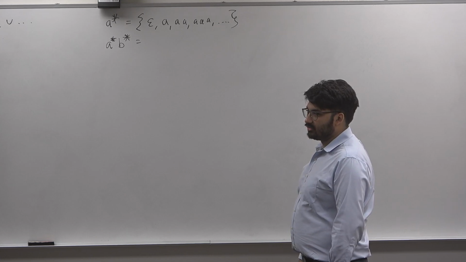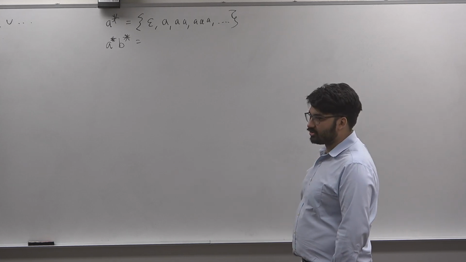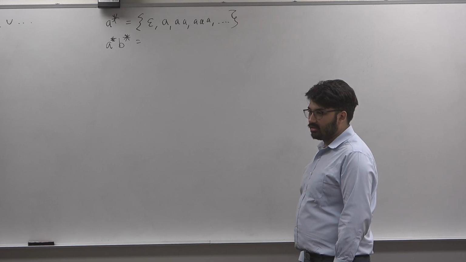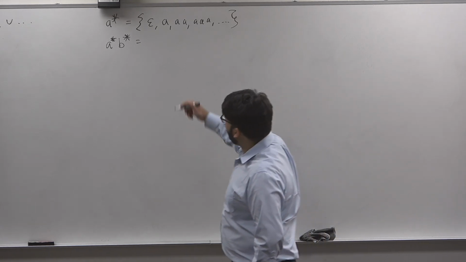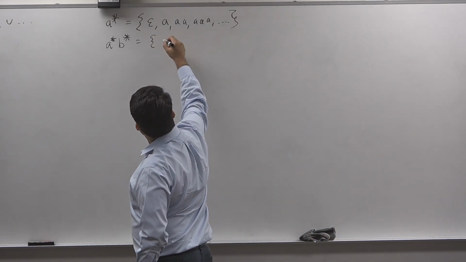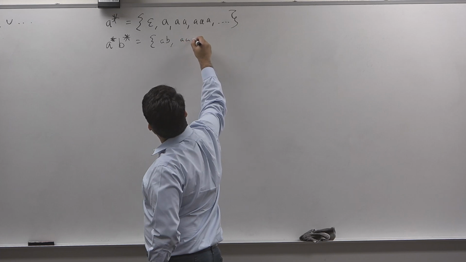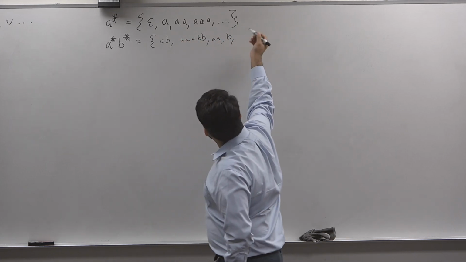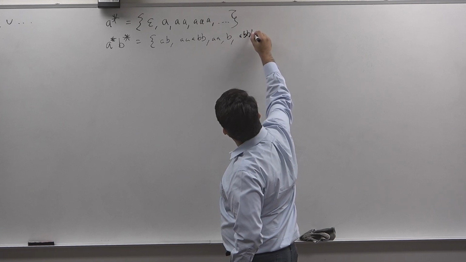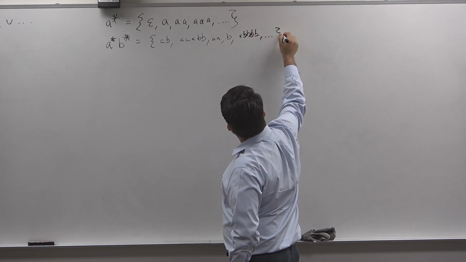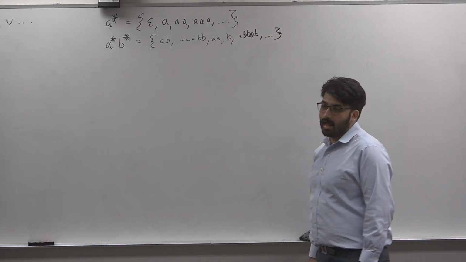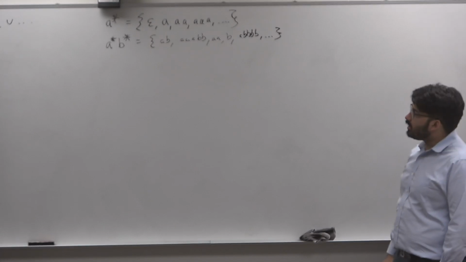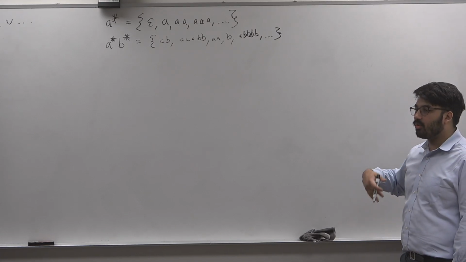A has to come before B. Yeah, every A in that string has to come before every B, right? There can never be... so AB, AAABB, AAB, what else? ABBBB, right? There's no restriction on how many A's or how many B's, but every A has to come before every B, right?